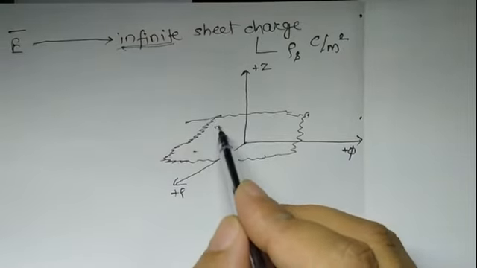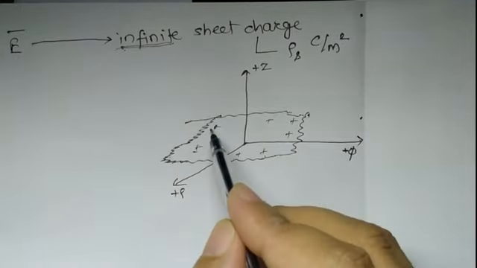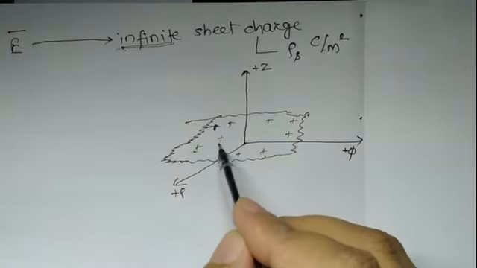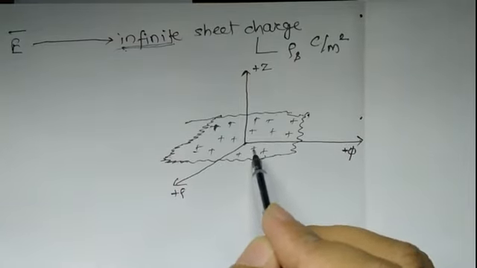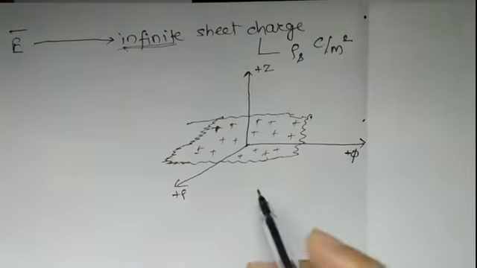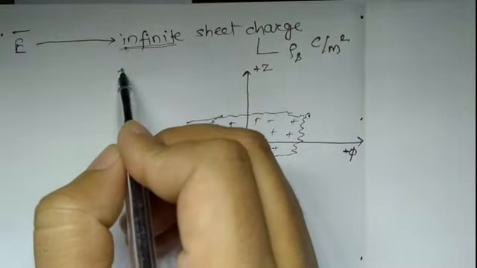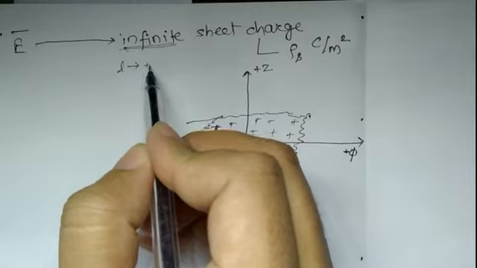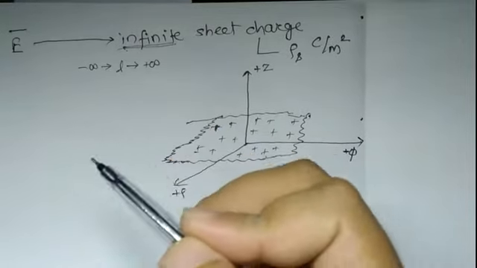On this sheet, the charge is distributed. Consider this surface as a metal sheet, and on this metal sheet a charge is distributed. The dimensions of this sheet are infinite. It means the length approaches from minus infinity to plus infinity.